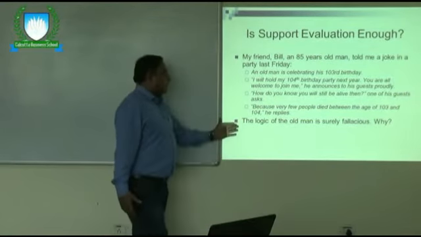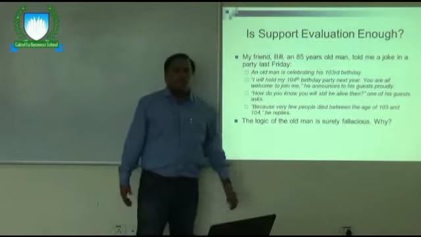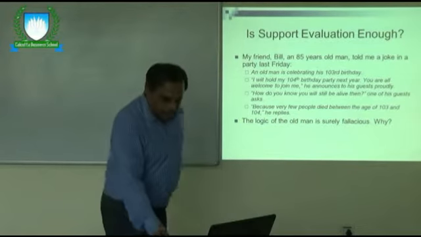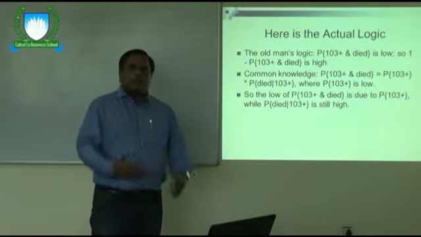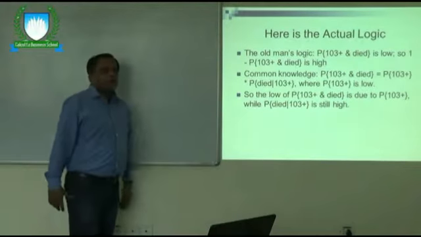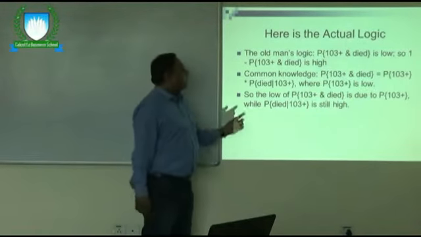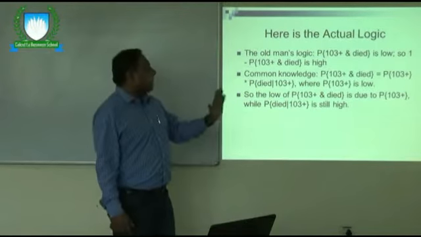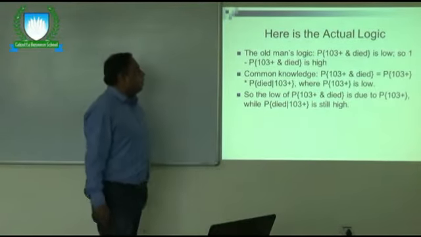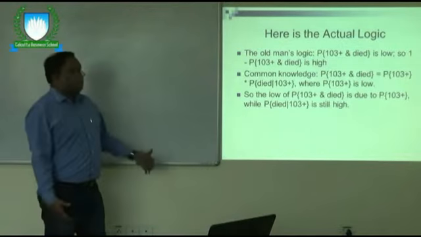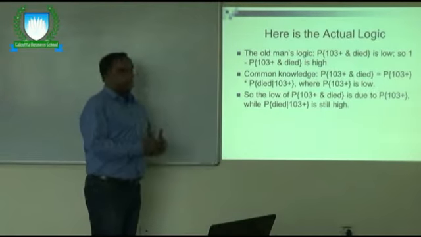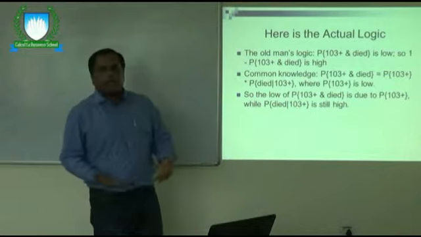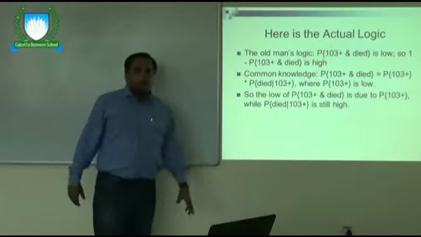Obviously, you see, the logic of the old man is surely fallacious. Why? That will enable us to understand why support is not the only measure. The old man's logic is that the probability of 103 plus and died is low. So 1 minus the probability of 103 plus and died is obviously high, because this is a complementary probability.